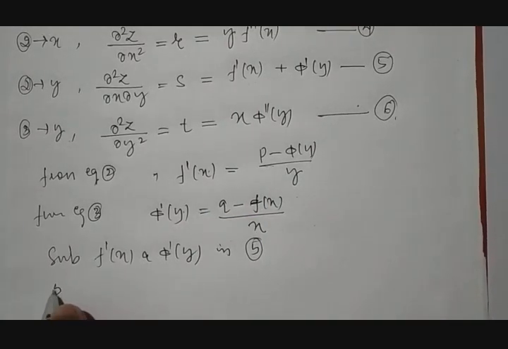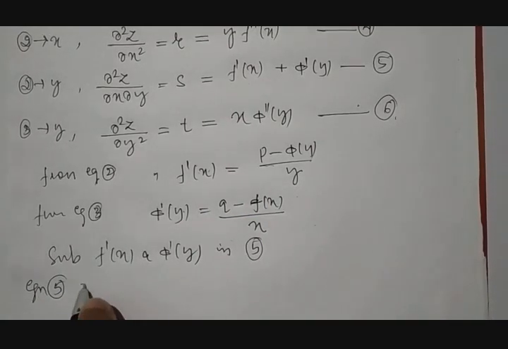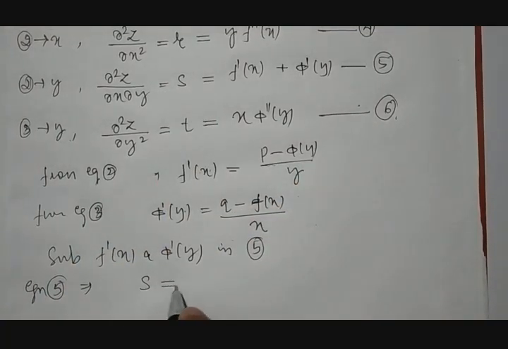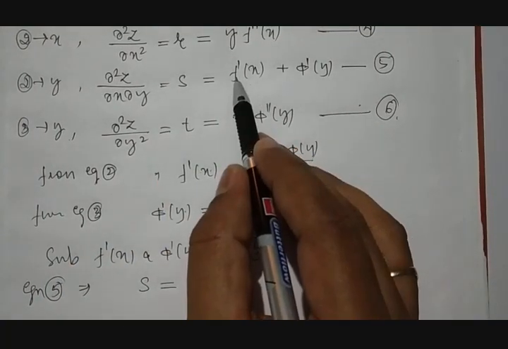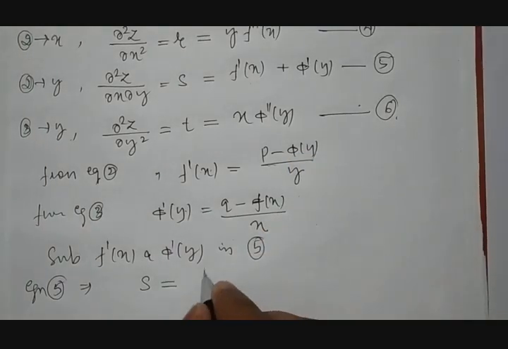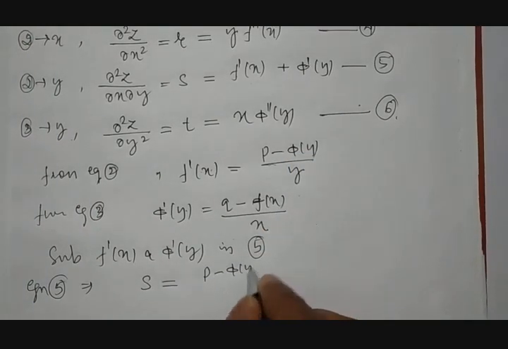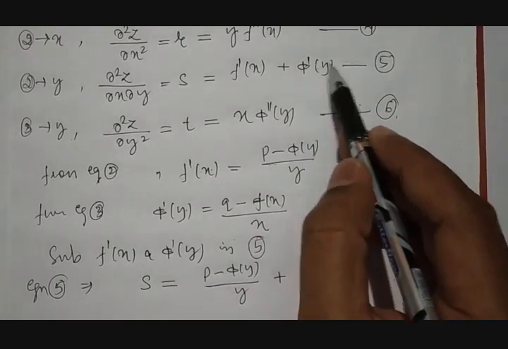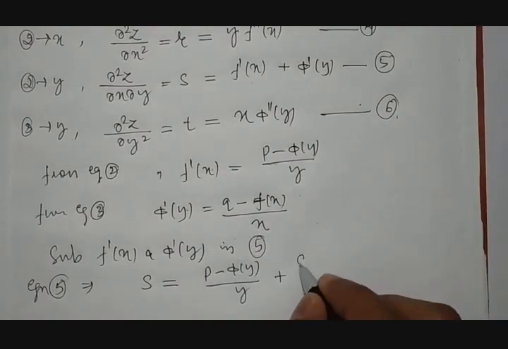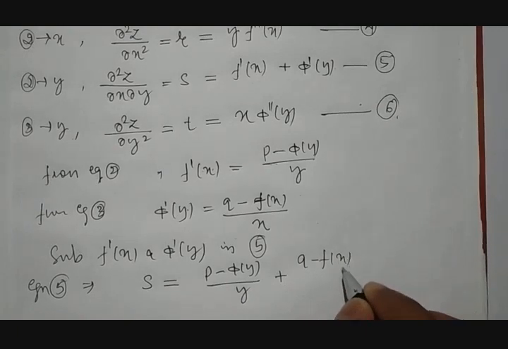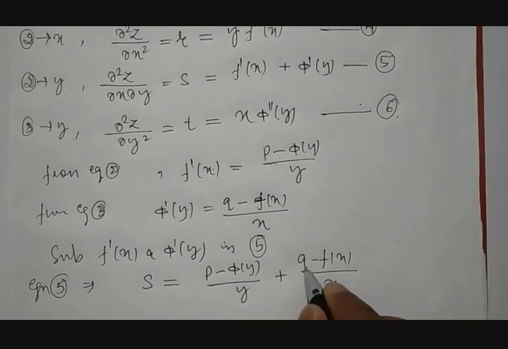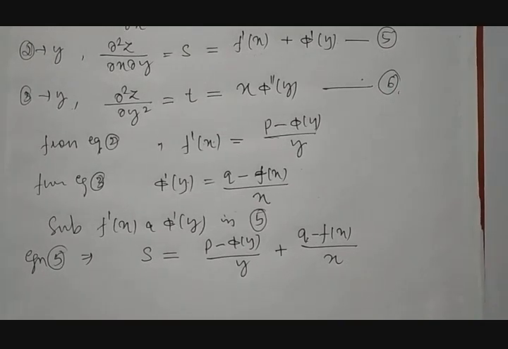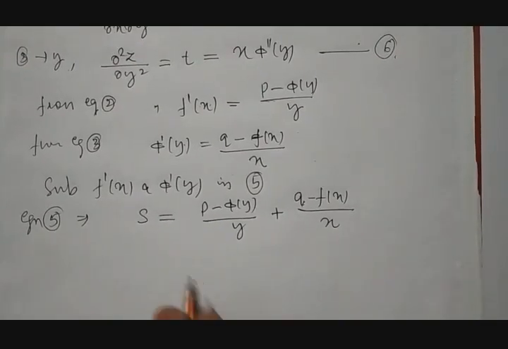Then equation number 5 becomes: s is equal to f dash of x, that is nothing but p minus pi of y divided by y, plus pi dash of y, that is nothing but q minus f of x divided by x. Fine. So simplify this. When we simplify this result, we'll come to know the solution.